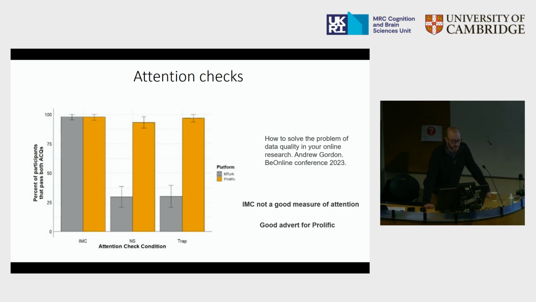Whereas if you look at the nonsensical checks and the trap questions, you see a drop on both platforms, the grey bars MTurk and the orange bars Prolific. Surprisingly, the MTurk participants are actually a lot worse than the Prolific participants. But even in Prolific, these are catching some of the inattention. So yeah, don't use IMCs apparently.